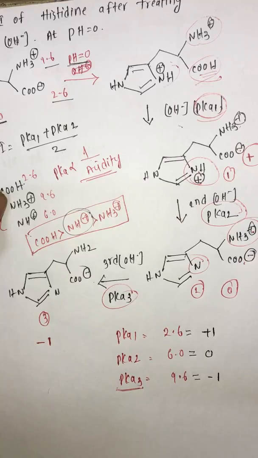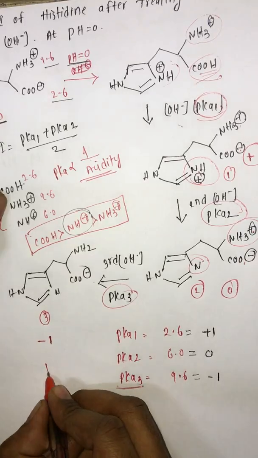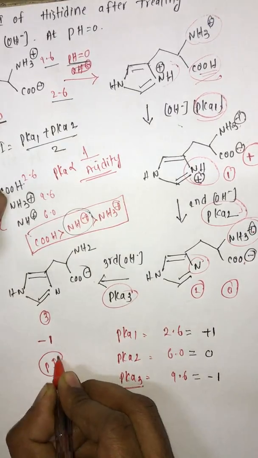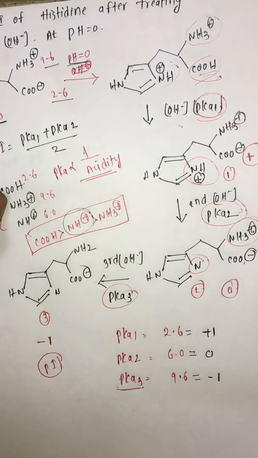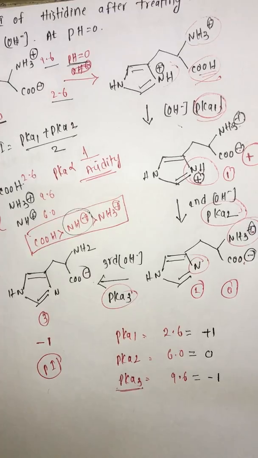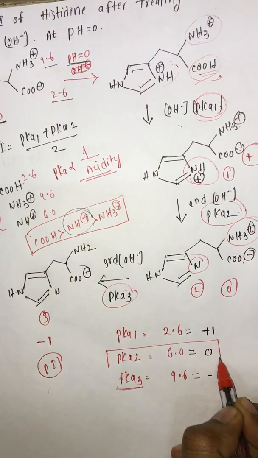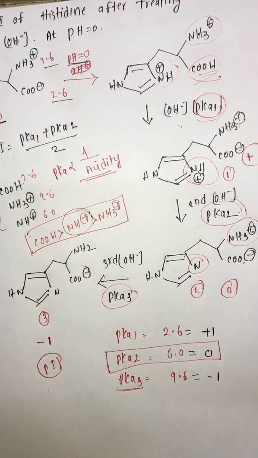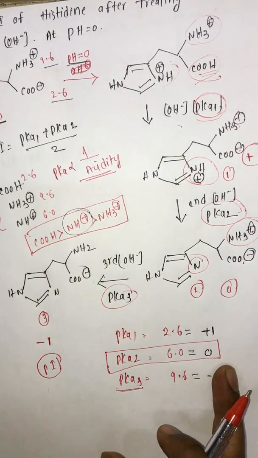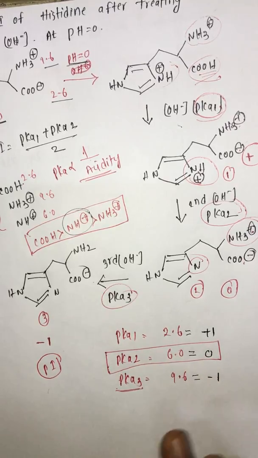Just remember that if you want to calculate the isoelectric point, the amino acid has to be present in the charged form. If the amino acid is present in the neutral form, you cannot calculate the isoelectric point. So here in this case the amino acid is present in the neutral form, the charge is 0 here. I'm talking about net charge.